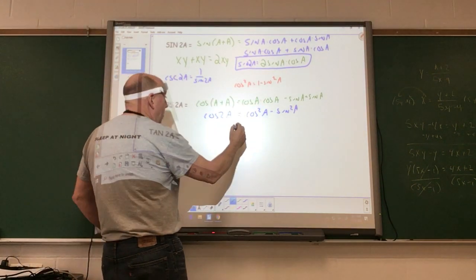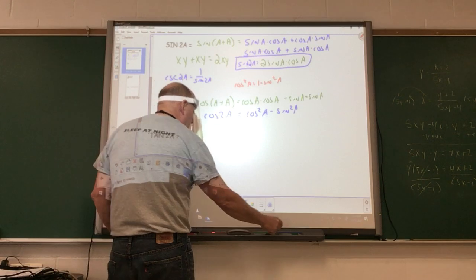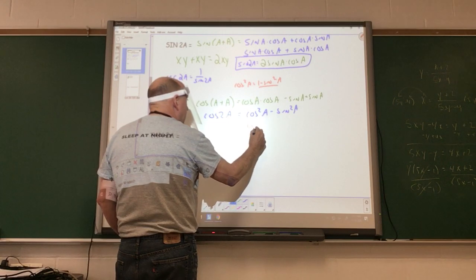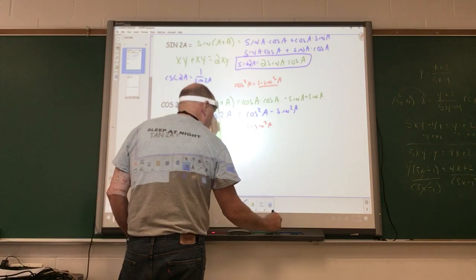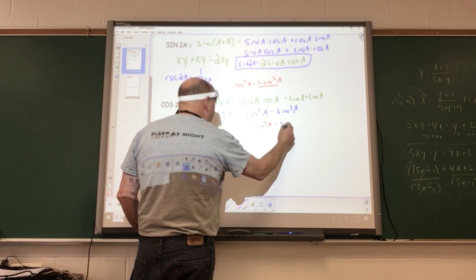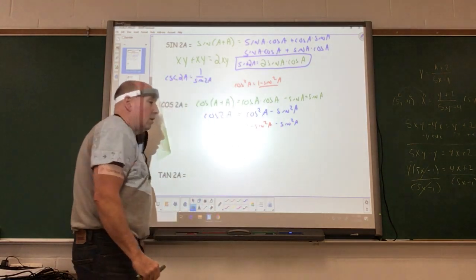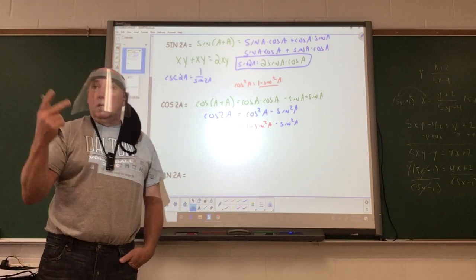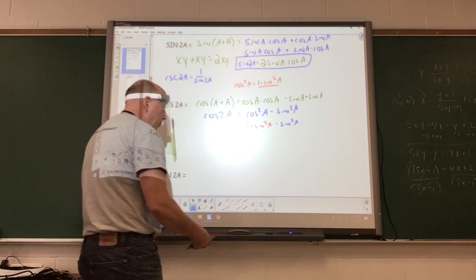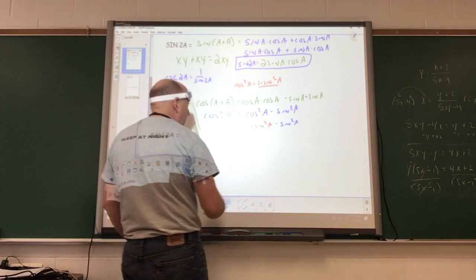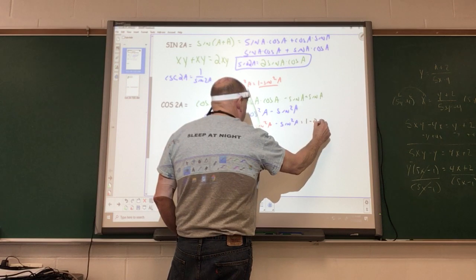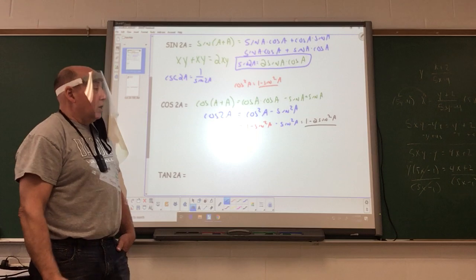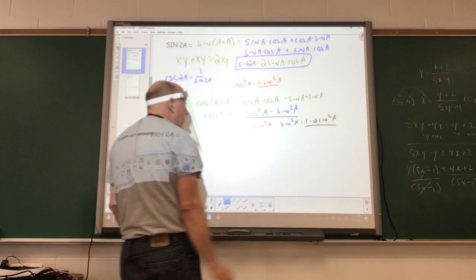So if I recopy this, making a substitution, 1 minus sine squared of A minus another sine squared of A. Well, if I have 1 minus x minus x, that gives me 1 minus 2x. So there's an alternate form for the cosine of 2A.